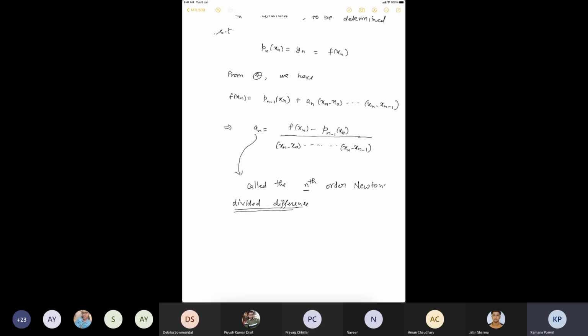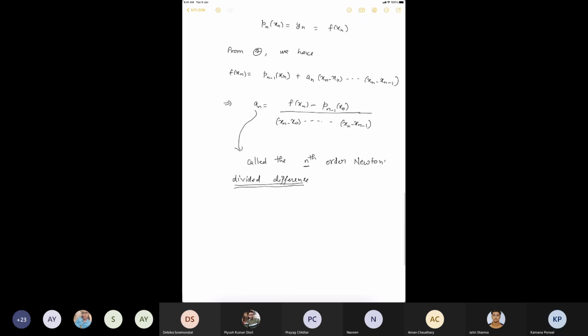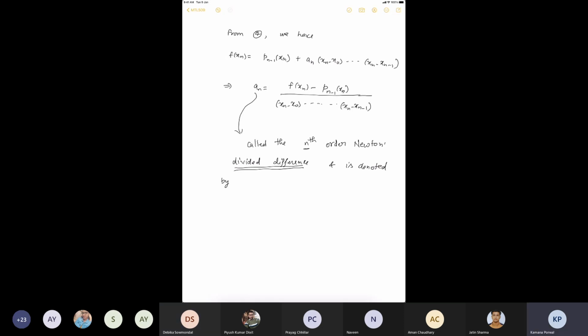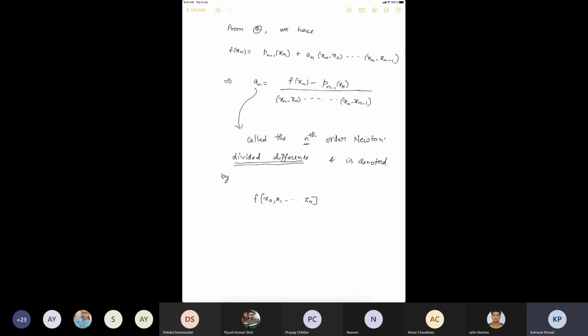There is a formal justification for this, and there's a notation used for it. We denote it by f of x0, x1 up to xn. Remember, I used this bracket notation in the previous section also. So this an is this.